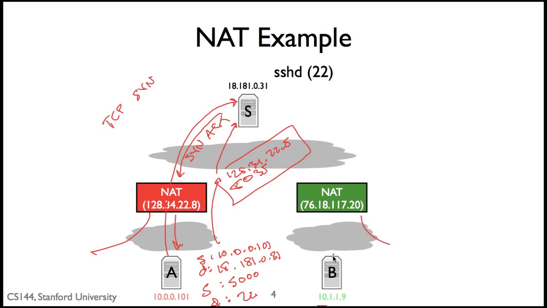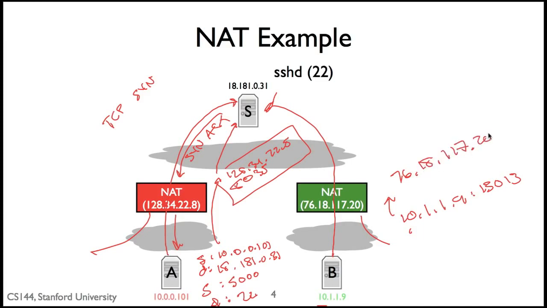Similarly, when host B sends a packet to the SSH server, the NAT is going to translate its IP address and port to its own. So what was once 10.1.1.9 port, let's say 13,013, is going to become 76.18.117.20, let's say port 2009.